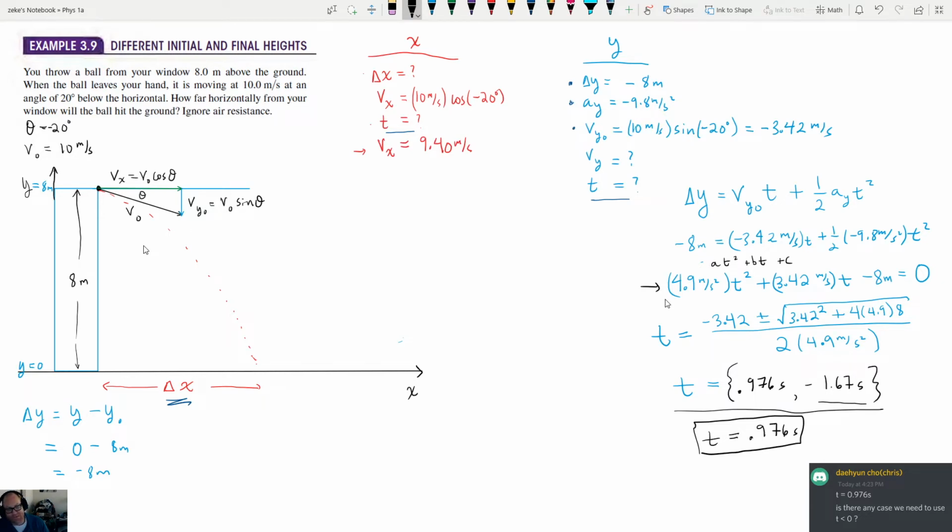But what does that mean? So what that really means is that if time were to run backwards, what direction would the ball go? Backwards, right? It would go back this way. Back this way.